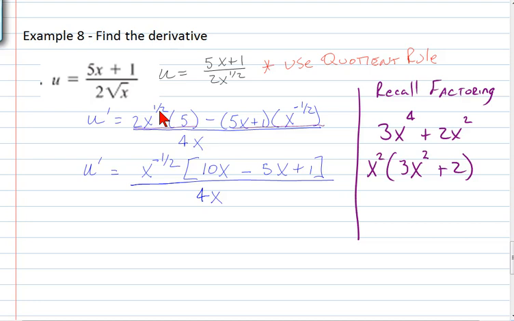When you subtract a negative, you add. So 1/2 and 1/2 is 1. The 10 was just 2 times 5. And then this is the 5x plus 1. Oops, but it does need parentheses, doesn't it? Because I haven't distributed that negative yet.